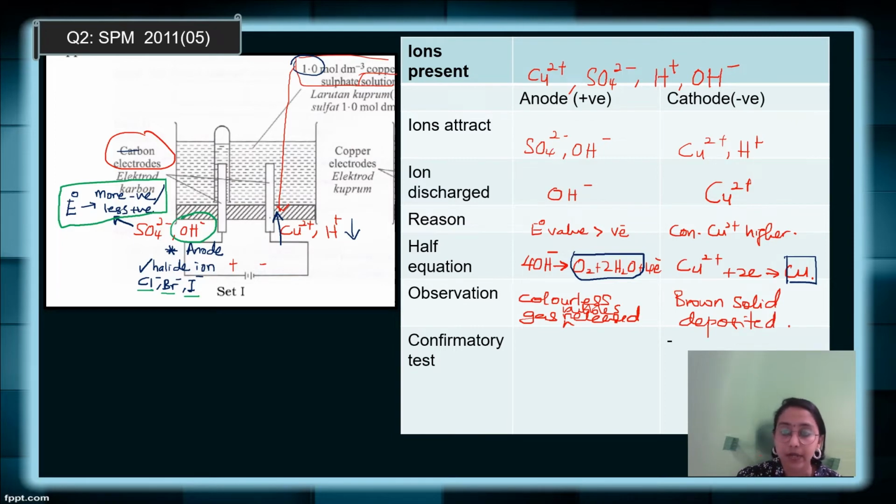Okay, so now we are talking about confirmatory tests. Usually for confirmatory tests we talk about the gas or the ions present. So over here, because the gas is oxygen, students, make sure you write correctly. First of all, you have to say what we're going to use to test the oxygen gas. Are we going to use a glowing wooden splinter or a lighted wooden splinter?